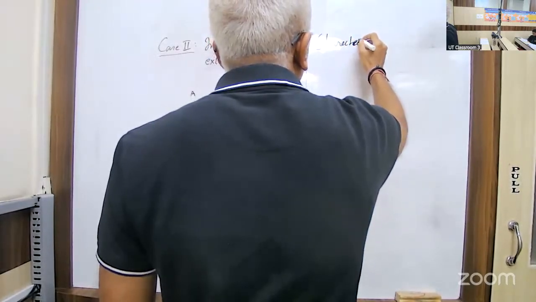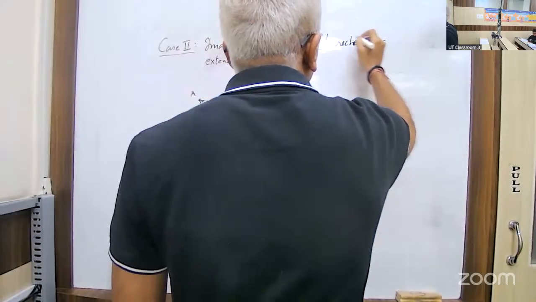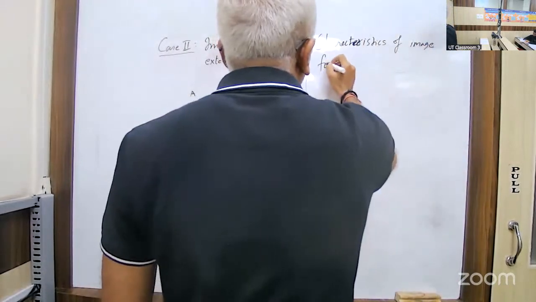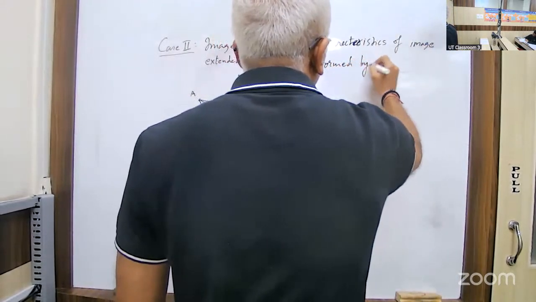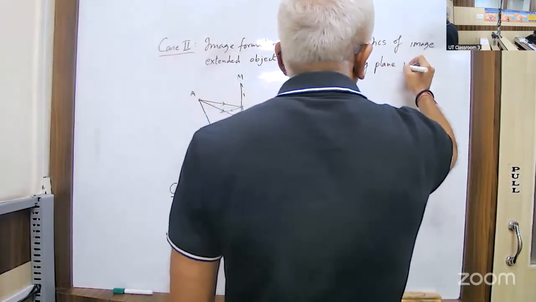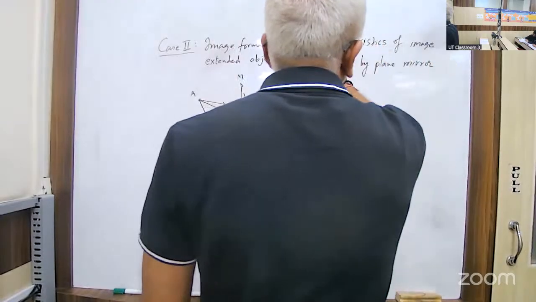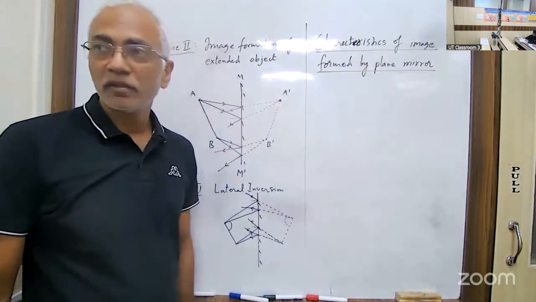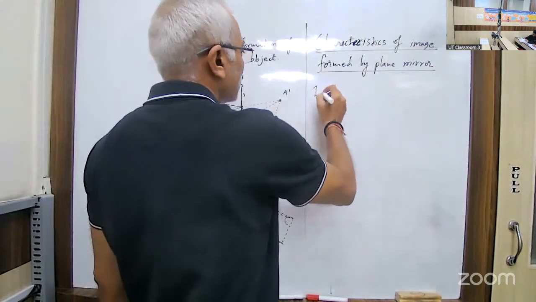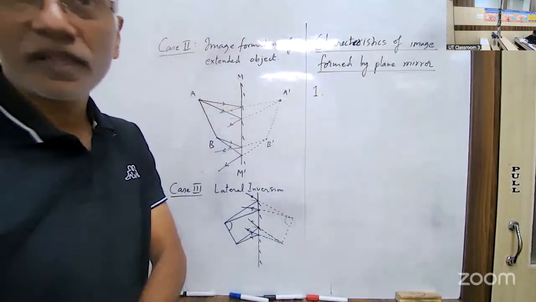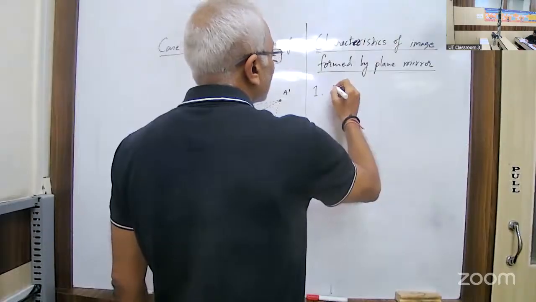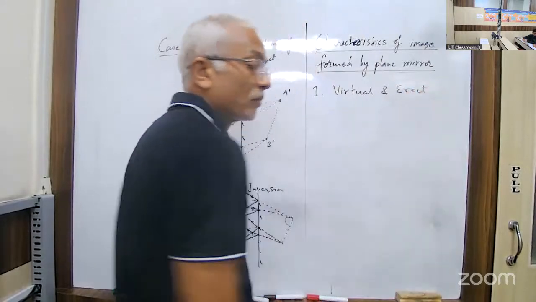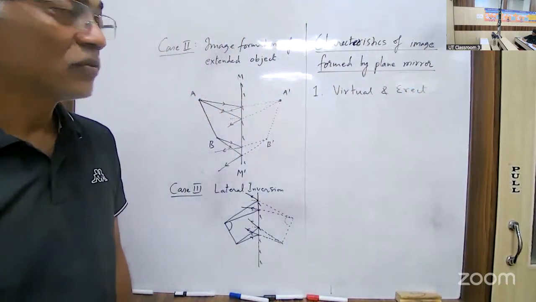Characteristics of image formed by plane mirror. Right? One. First, it is virtual and erect. Plane mirror में image is always virtual and erect.